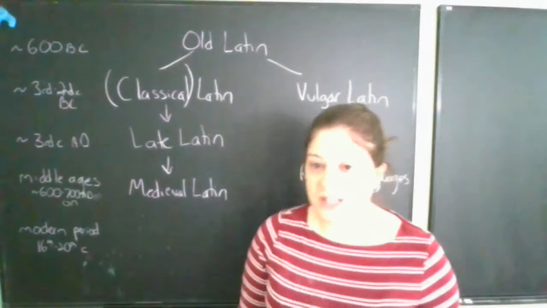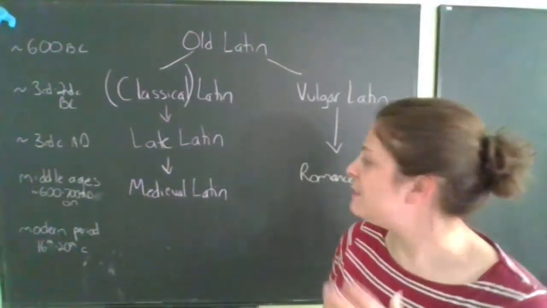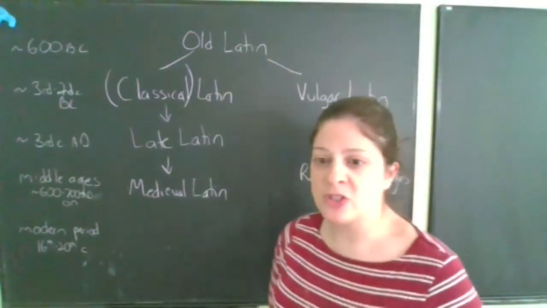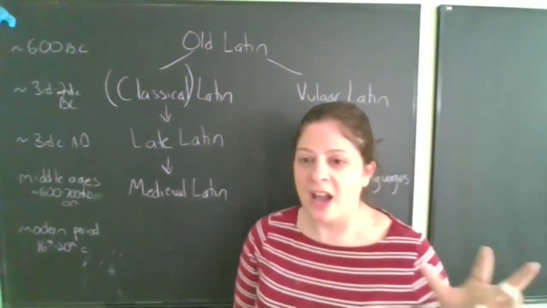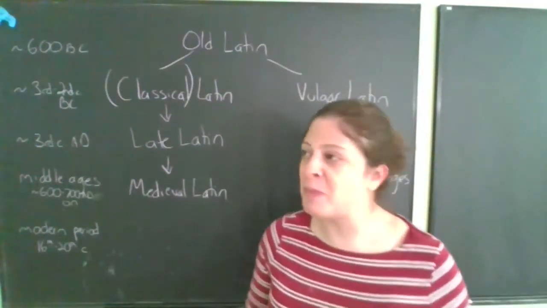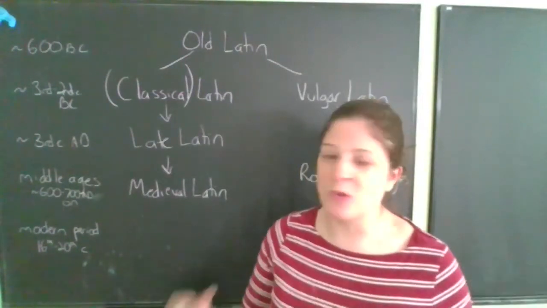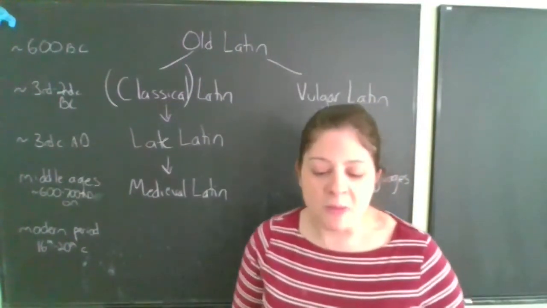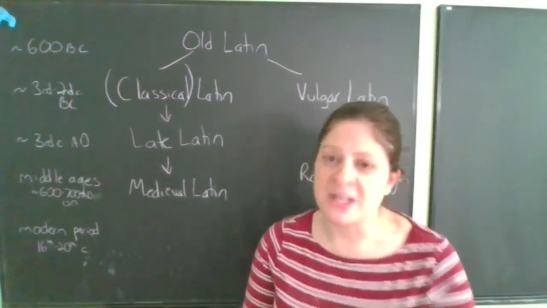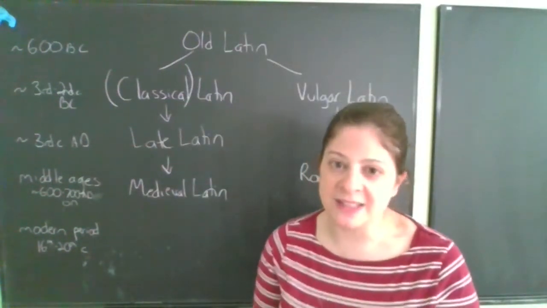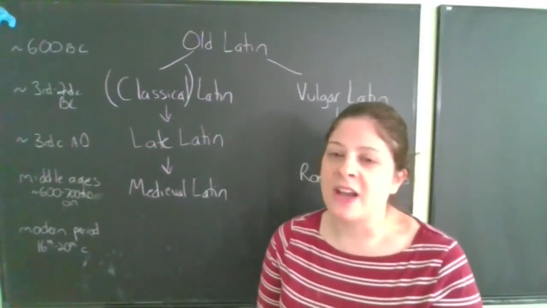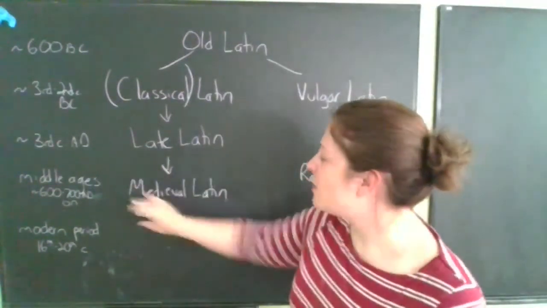So no one speaks Latin anymore, but Latin continues to be used in some official contexts, especially in the church, right? So Christianity has established itself as a major component of society in Western Europe in the Middle Ages. And we know that masses and other rites are said in Latin. The Bible is written and read in Latin, and that Latin, therefore, is the language of the church.